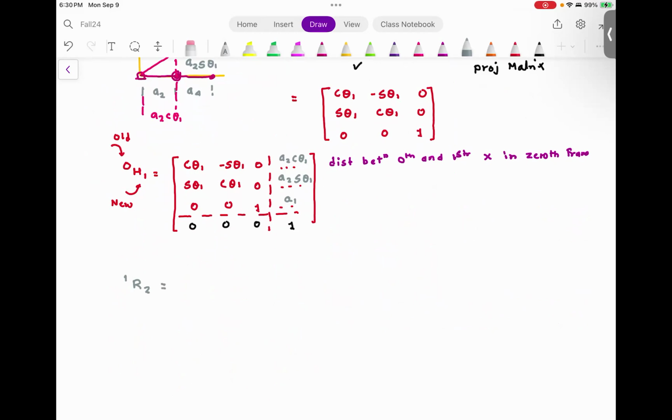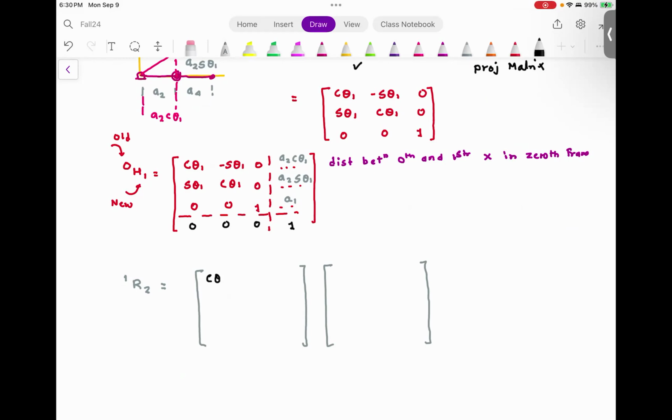Please don't talk. This rotation matrix will comprise the baseline rotation matrix multiplied by the projection matrix. No matter what problem you solve, as long as you are dealing with a revolute joint, the first rotation matrix is not going to change.